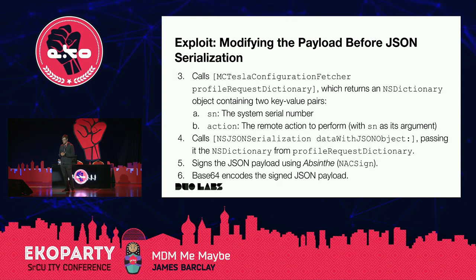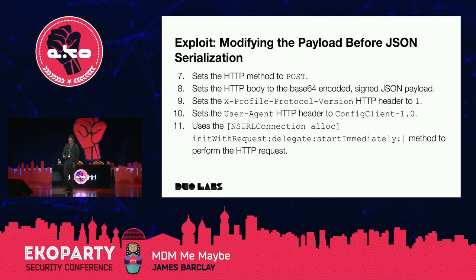It then serializes this dictionary to JSON, signs the JSON payload, base64 encodes it, and then does a bunch of other stuff, like setting the HTTP method to POST, setting the body to the base64 encoded payload, and setting some HTTP headers: X-Profile-Protocol-Version is set to 1, and the user agent is set to ConfigClient-1.0. Finally, it uses NSURLConnection to perform the HTTP request.